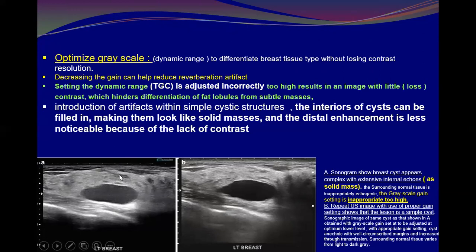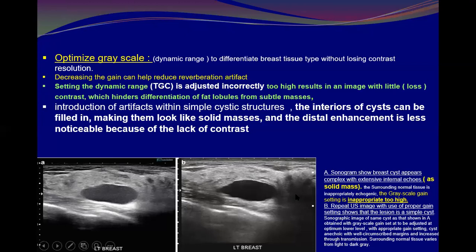Here, there is no contrast. The image is blurred. There is not much contrast between the breast tissue, and there are artifacts inside the cyst. There are reverberation artifacts, and the cyst here is seen as if it is a fibroadenoma, as if it is soft tissue.